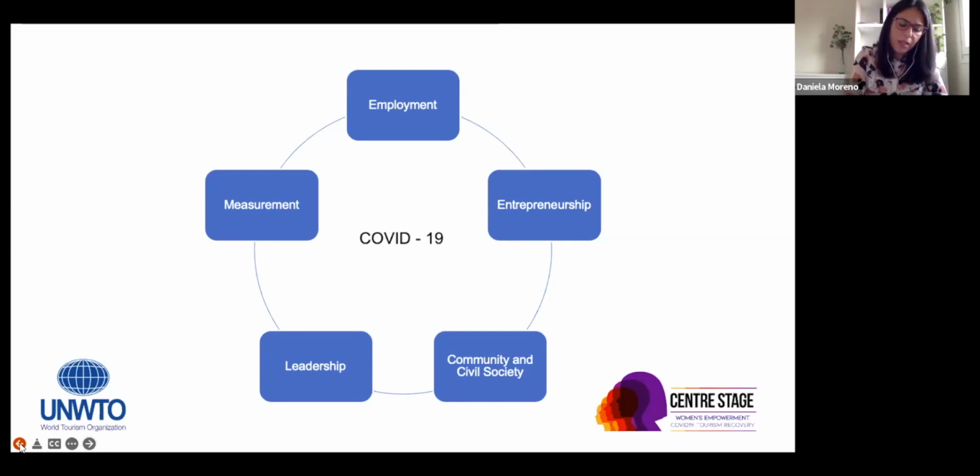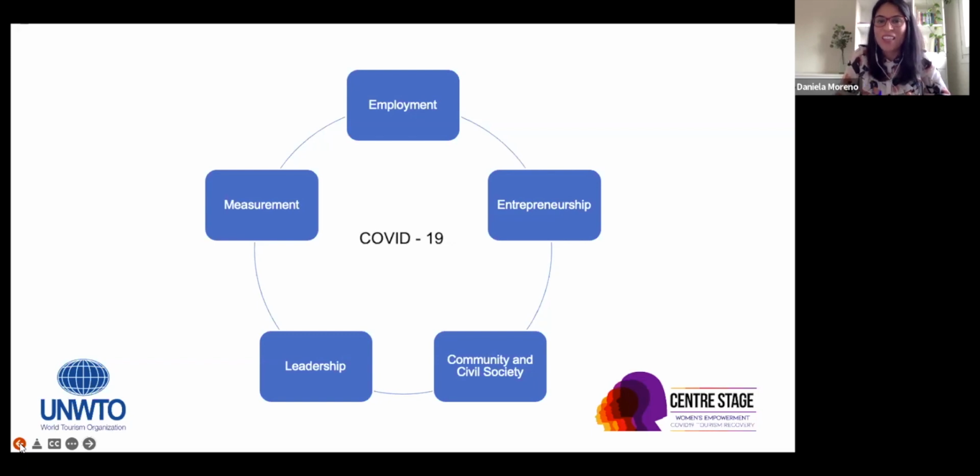And another point here, that unfortunately, due to COVID-19, many women lost the job that they had in tourism, right? For example, I have seen some data, not official data, from some countries, and in some countries 80% of the loss of employment in tourism are women.